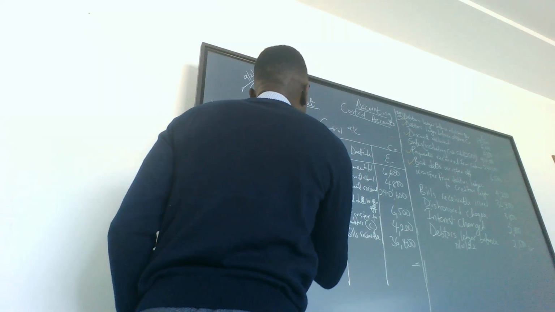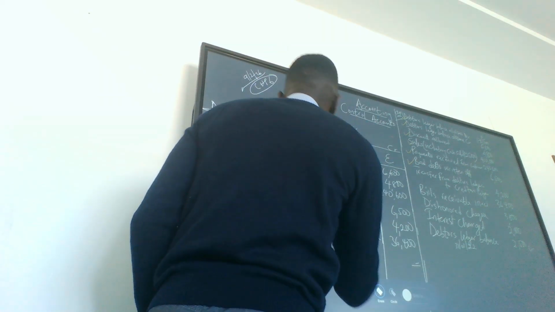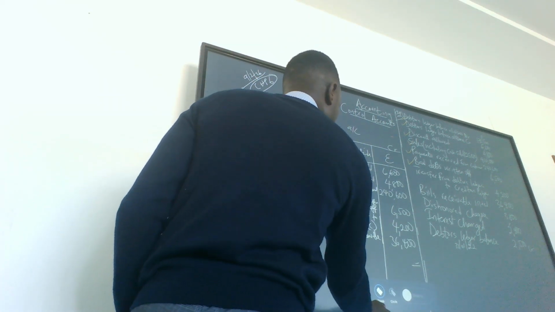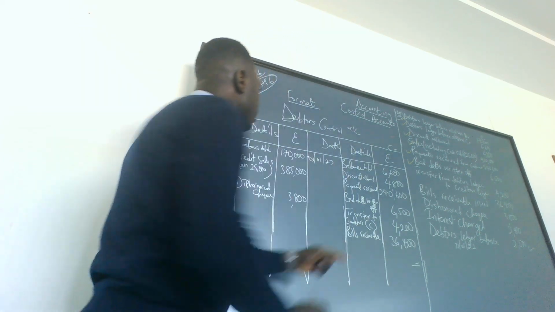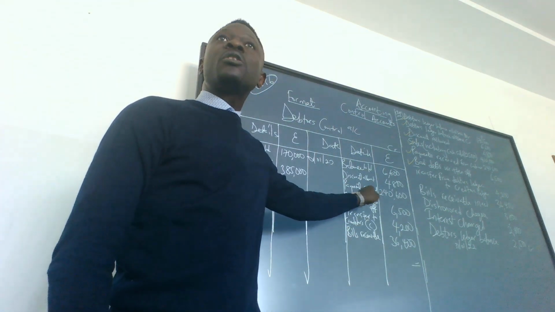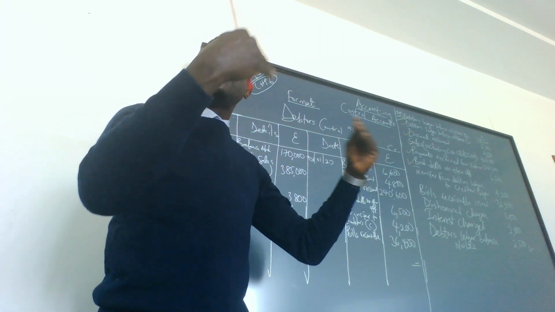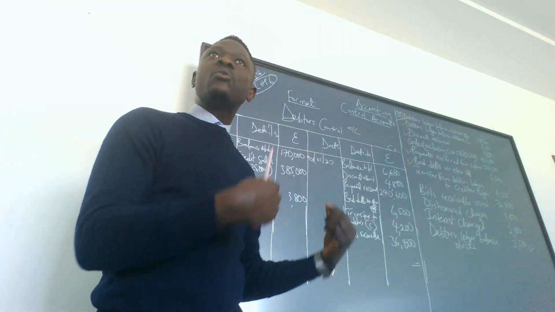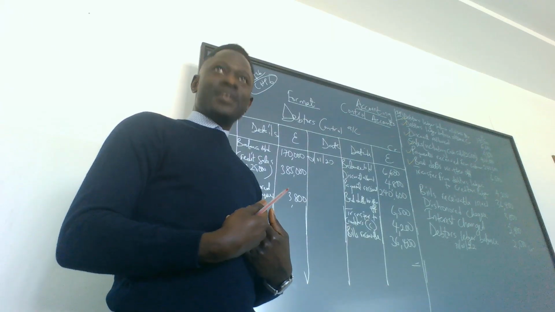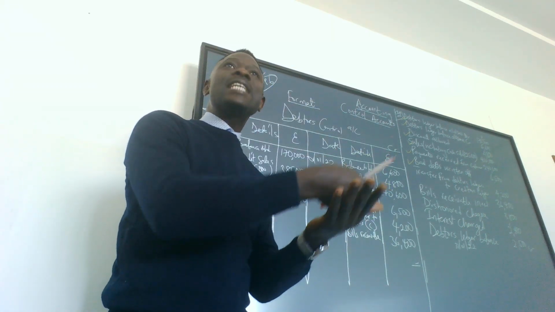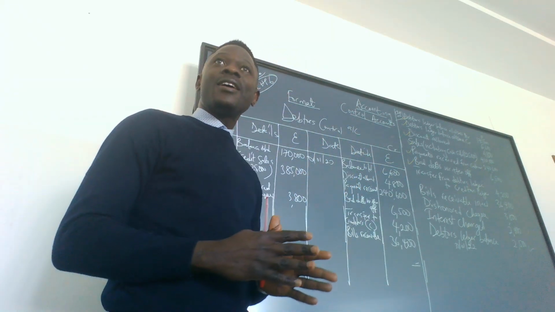If the check was not dishonored, it means the payment was done. But the check was dishonored. That means the customer is still owing you. Do you understand? A dishonored check is a check that was not paid by the bank.